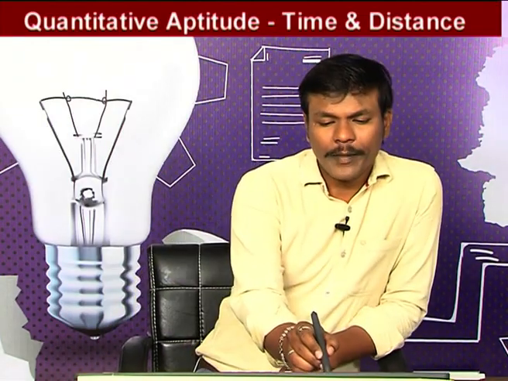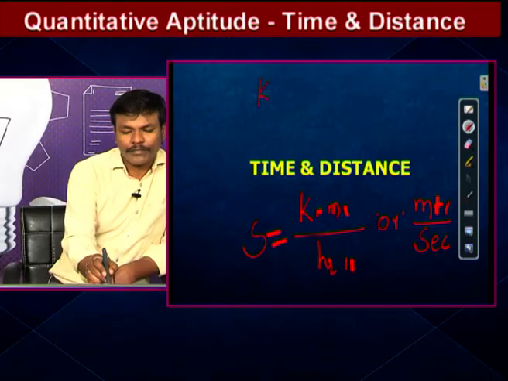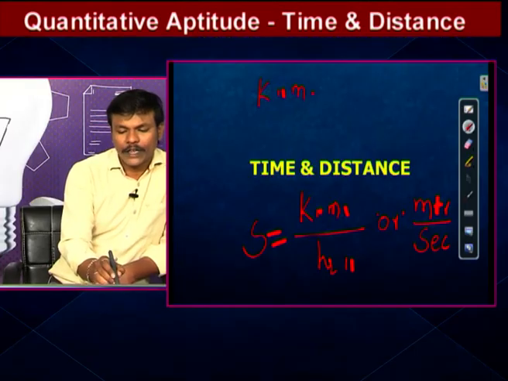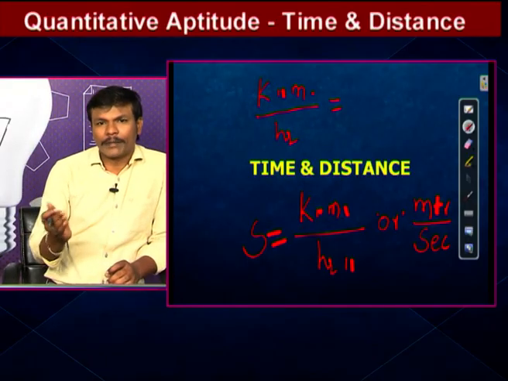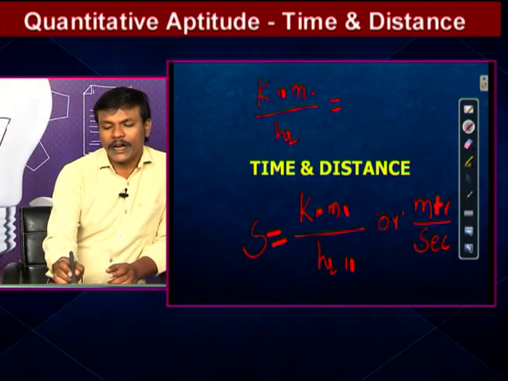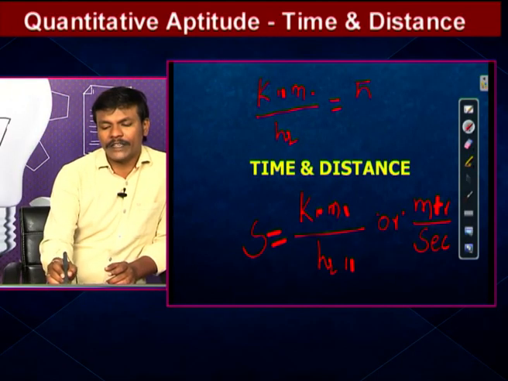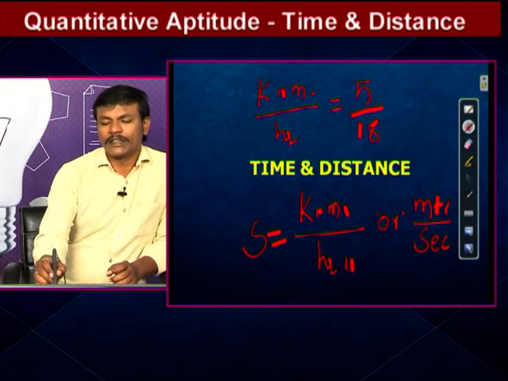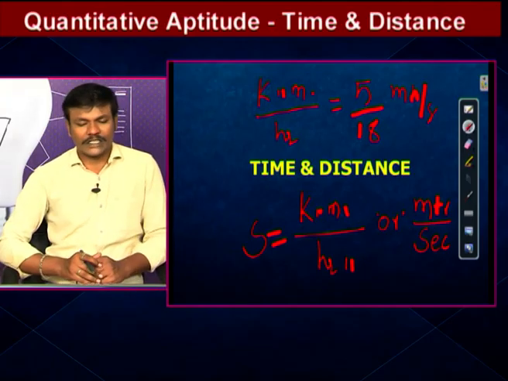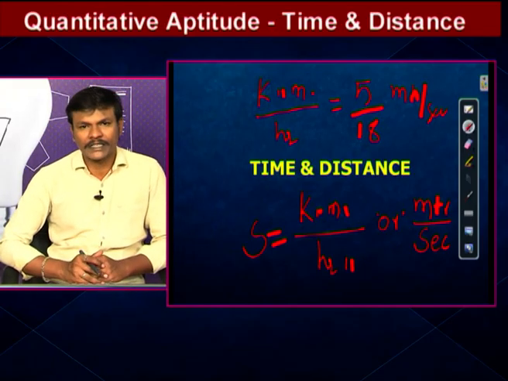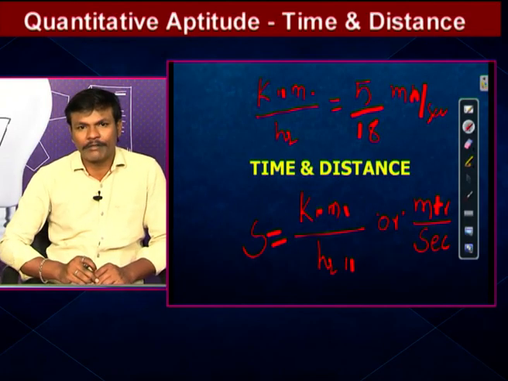What is the relation between kilometer per hour and meter per second? If you have kilometer per hour, it is converted to meter per second by multiplying the given value by 5 by 18.